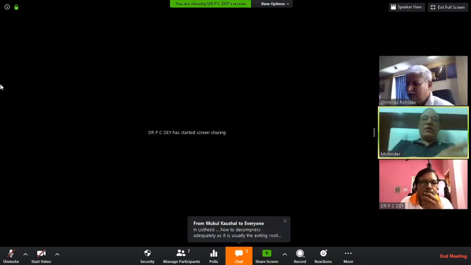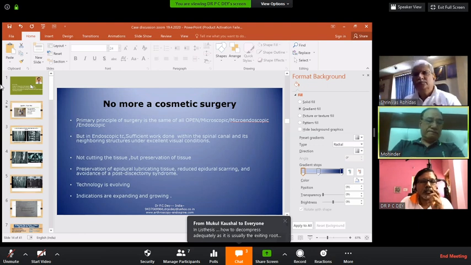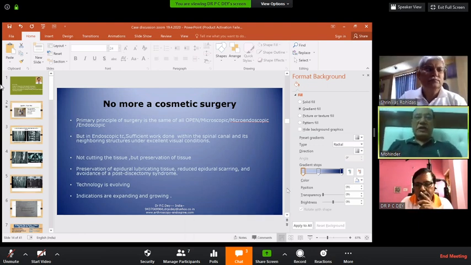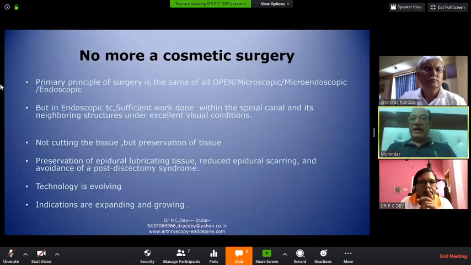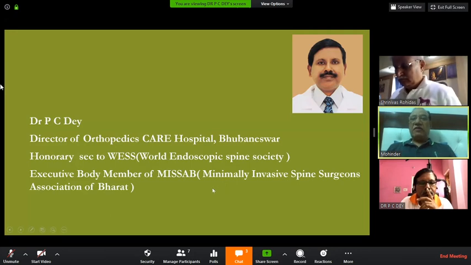Now, one system, all solutions or many solutions. A couple of our transforaminal guys who were using the transforaminal system have become wiser of late and realize that a few of the pathologies can't be addressed transforaminally. Now they have learned and are doing interlaminar procedures also and have invested heavily.